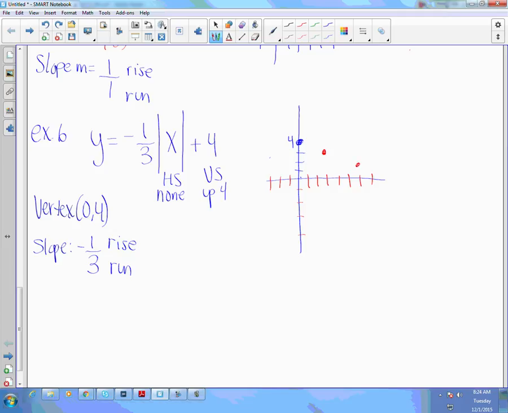And that's our first arm. Now we need to do the opposite side. So we still go down, but we move left. Down 1, left 1, 2, 3. Down 1, left 1, 2, 3. Why is this V pointing downwards? Why is it opening down? Because A, our multiplier, is negative.